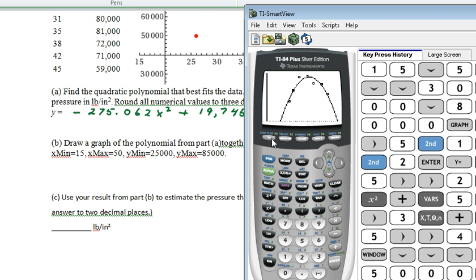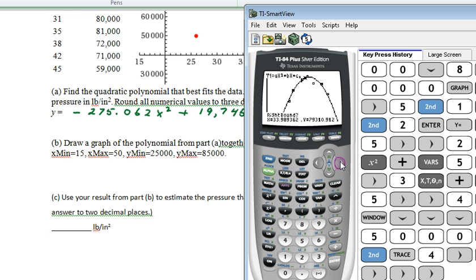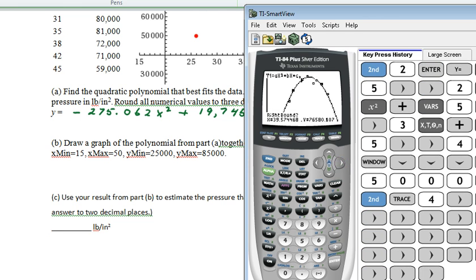So we go second calc, 4 for maximum. Our cursor is close to the vertex, so I'm going to press enter. Move over to the right of the vertex. Press enter again. Press enter one more time to let the calculator make the guess.